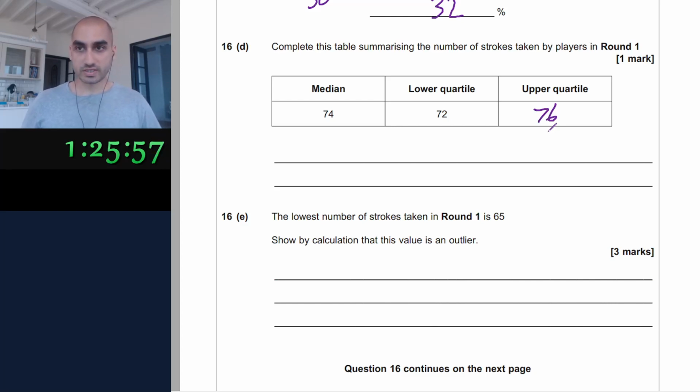The lowest number of strokes taken at round 1 is 65. Show by calculation that this value is an outlier. What calculation? How do you define something to be an outlier? Outlier is like a subjective. Okay, 3 marks?